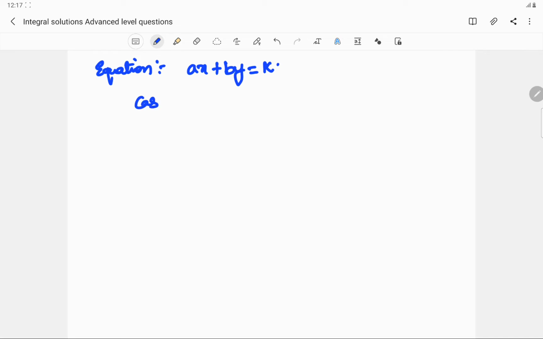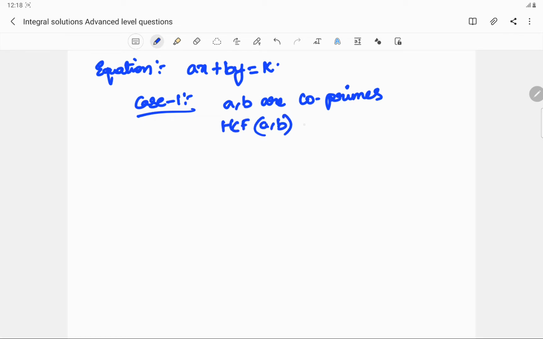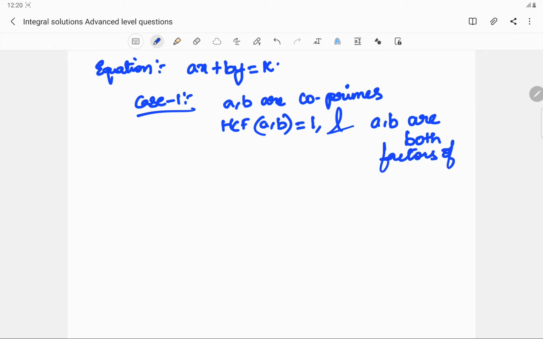Now case 1: in this case we are assuming that a, b are co-primes, that means HCF of a, b is equal to 1, and a, b are both factors of k. So for this equation we will find the integral solutions.